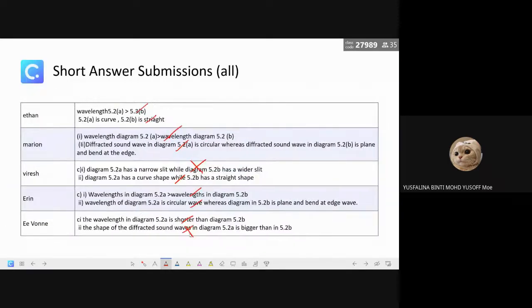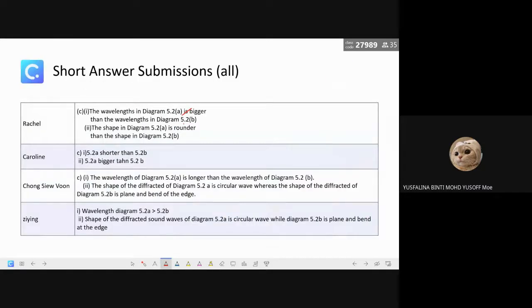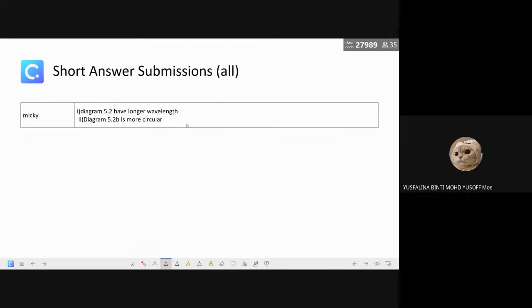Wait, A is shorter? I thought A is higher, right? Rounder, okay. Mention about the shape.